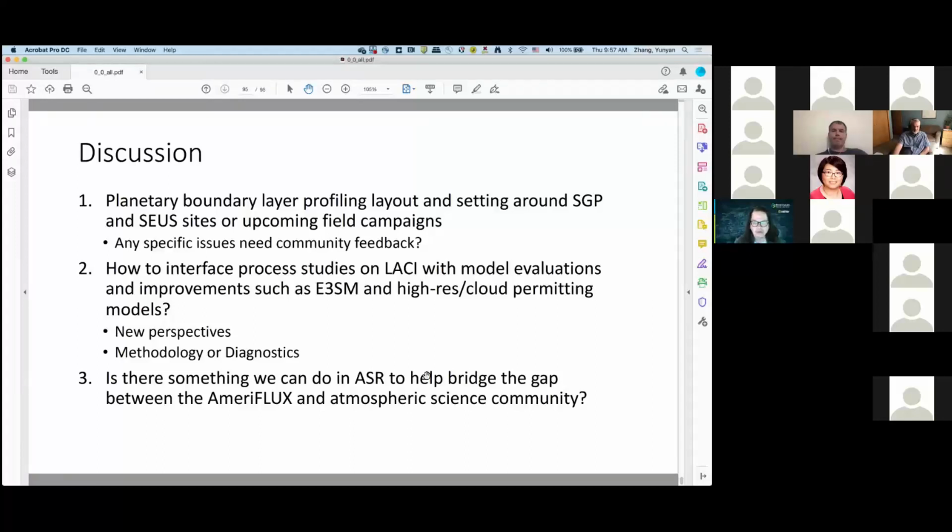Hi. I just wanted to give a little perspective on the SAIL campaign and the scanning capability of the Doppler lidar.